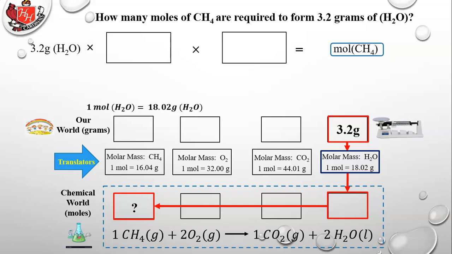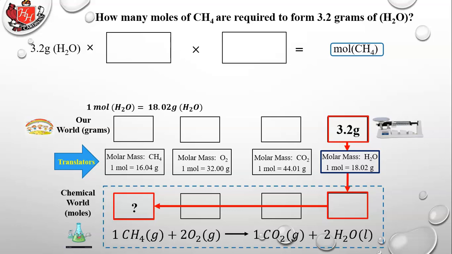All right, so here's the first relationship. It's relating grams of H2O to moles of H2O. And that molar mass conversion is 1 mole of H2O equals 18.02 grams of H2O. Now, where did 18.02 come from? It came from your periodic table. One oxygen is 16.